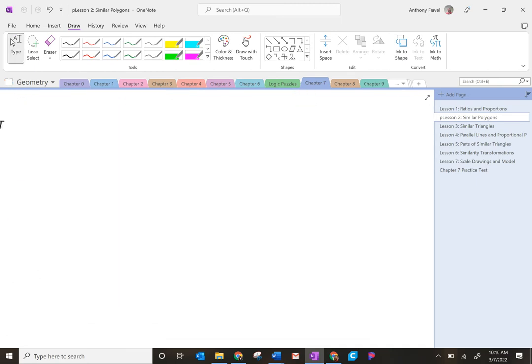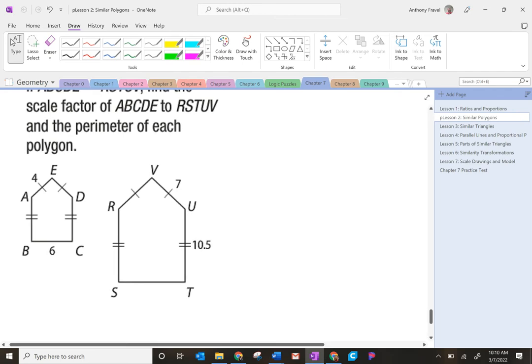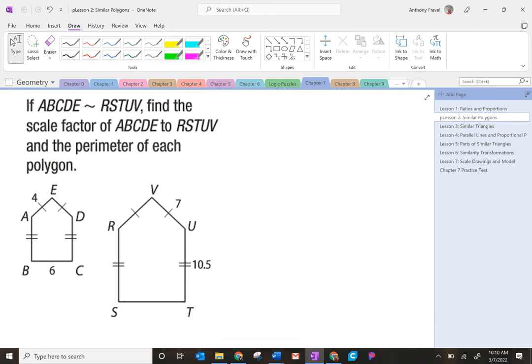Okay, I'm going to do the exact same thing with you guys. This one is going to be a little bit trickier, mainly because I don't have lengths for every single side yet. This one has the bottom ones and the top ones. This one has the top ones and the side ones. But I don't know the side here. I don't know the bottom here.